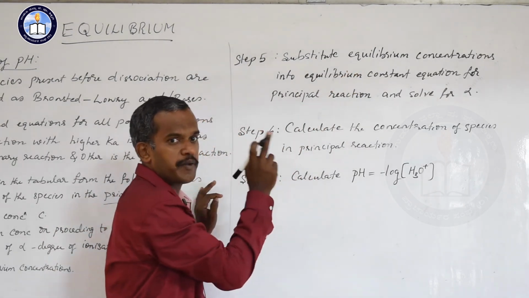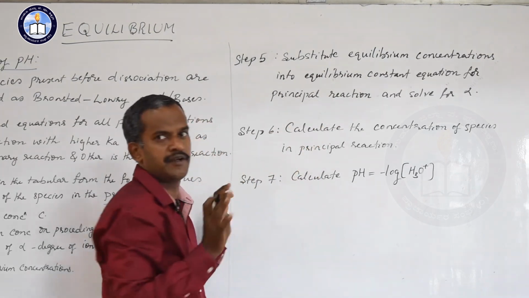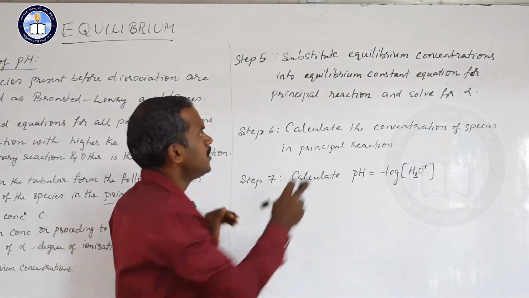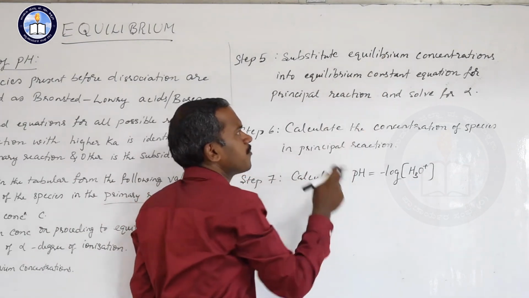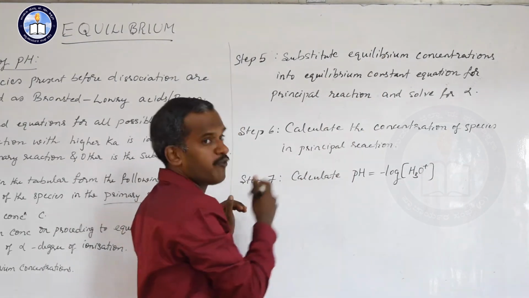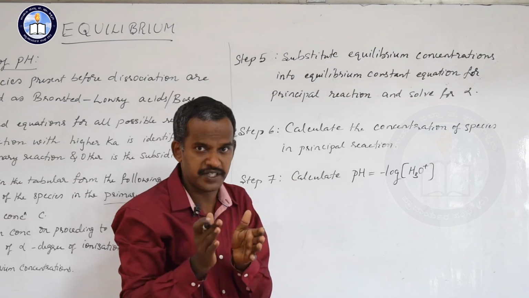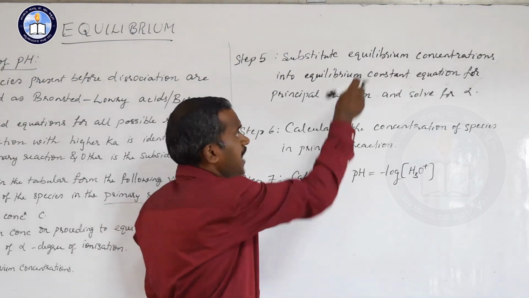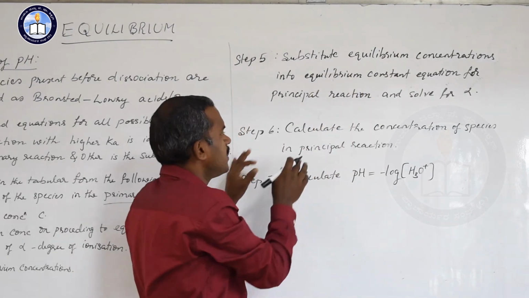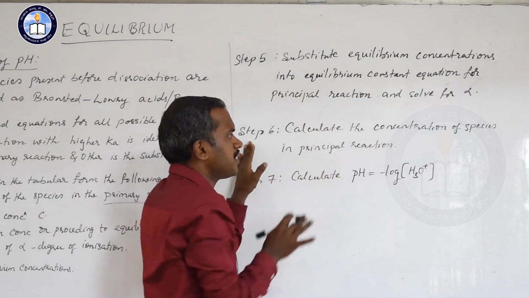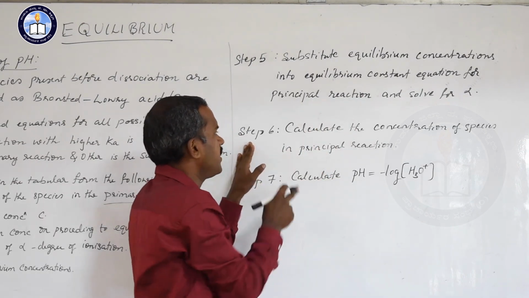So what you have to remember here, all these things we do for the major or primary reaction only. So substitute the values of equilibrium concentration. I told you in the previous step, that is step 4, we mention the concentration at equilibrium. That is the value you have to substitute. Once you substitute, you will get the value easily, that is the value of Ka.